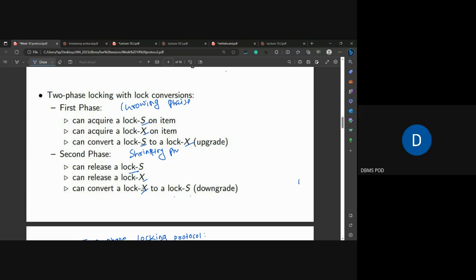Yes: if only a shared lock is applied, we can upgrade to lock X. Suppose transactions T1 and T2 read a data item, and you want to write the data item again. Then we can upgrade to lock X. That is called upgrading. So acquiring an exclusive lock on the same data item is an upgrade. Correct, because we are doing it without unlocking.